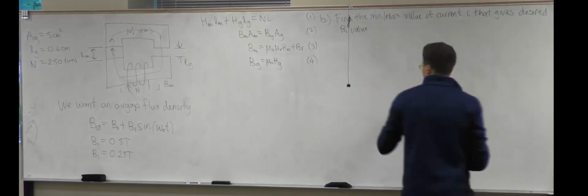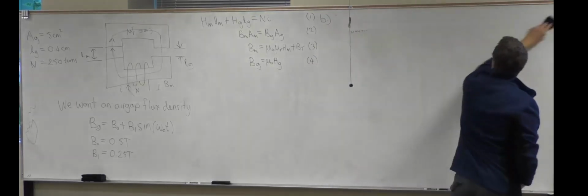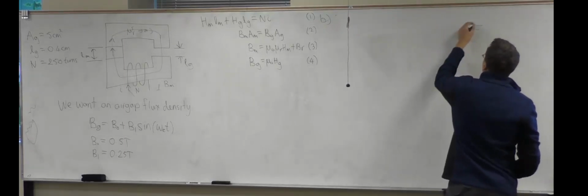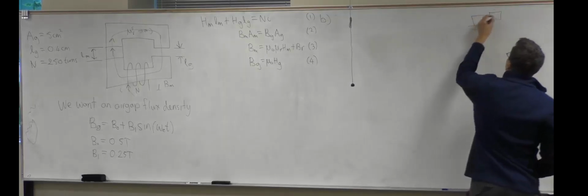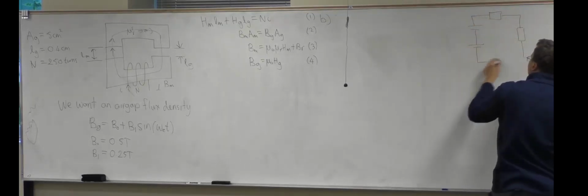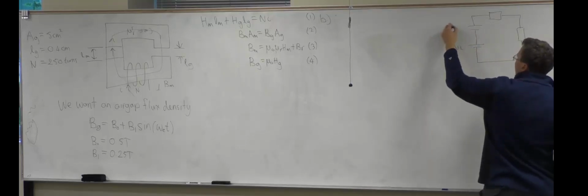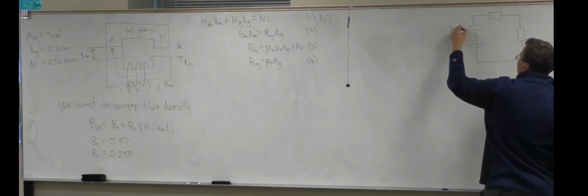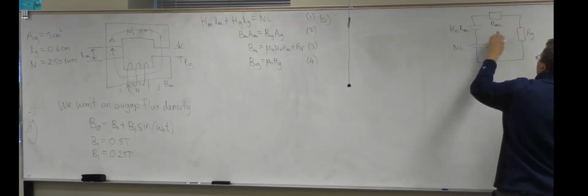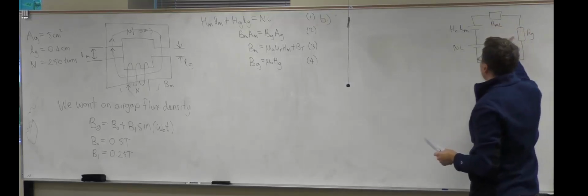We can model this as two MMFs, and we'll look at each one separately. So we've got the NI, and then we've got the HC LM. And this is RML, and this is RG. That's the magnet reluctance, and this is the air gap reluctance.